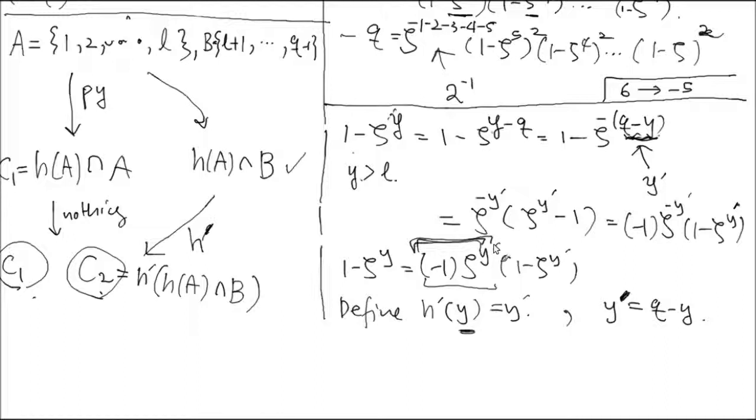Okay? So C1 and C2 are both subsets of A. Does that make sense? It came back to A. Some of them went outside, but by hitting H prime, we came back to A. And I claim C1 and C2 don't overlap.